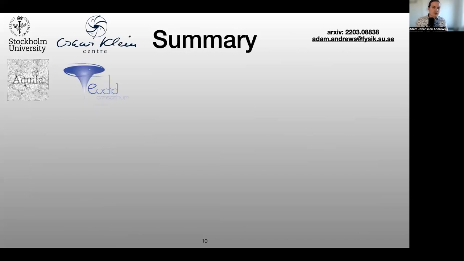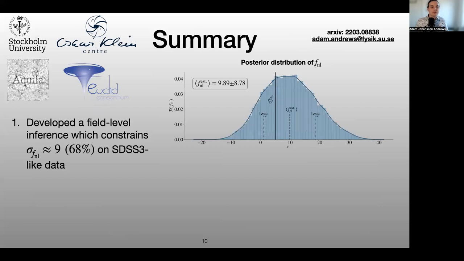So to bring this all back in a quick summary, this method that I developed constitutes the first field level inference of primordial non-Gaussianity, and we've been able to constrain FNL to roughly ±9 on SDSS3-like data. I hope to bring this further down in the future, but mostly we'll be focused on the next generation of galaxy redshift surveys.